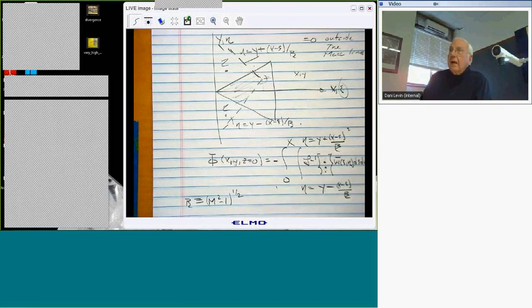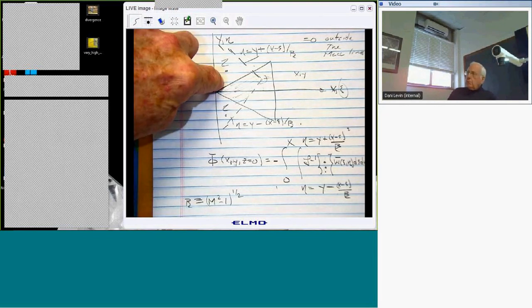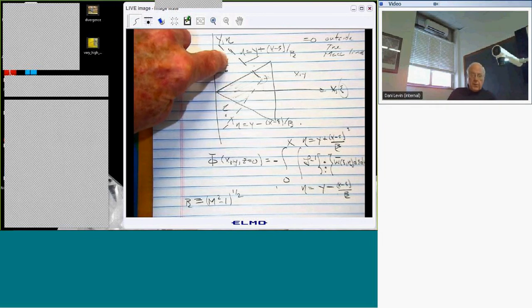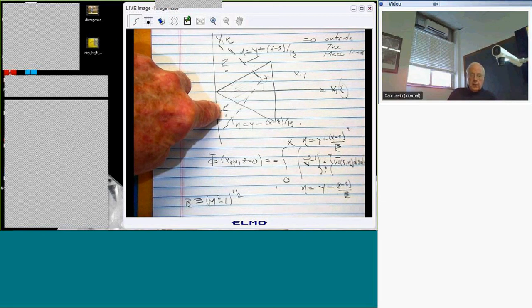And so I need boundary conditions off the wing as well as boundary conditions on the wing. And what might those be? Well, if you think about it a bit, what it really amounts to is that the perturbation pressure on the top, z equals 0 plus, and the perturbation on the bottom, z equals 0 minus, must be equal and opposite on the wing.